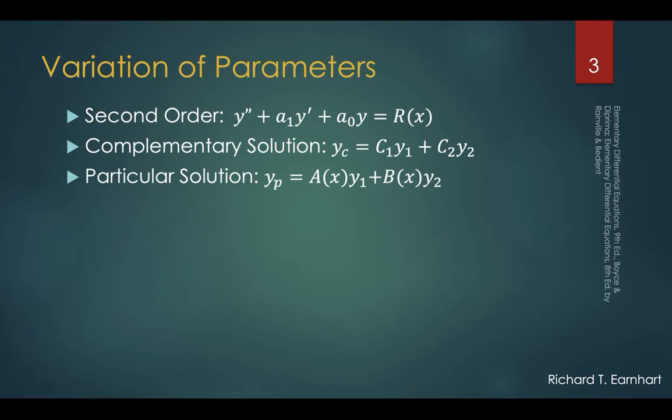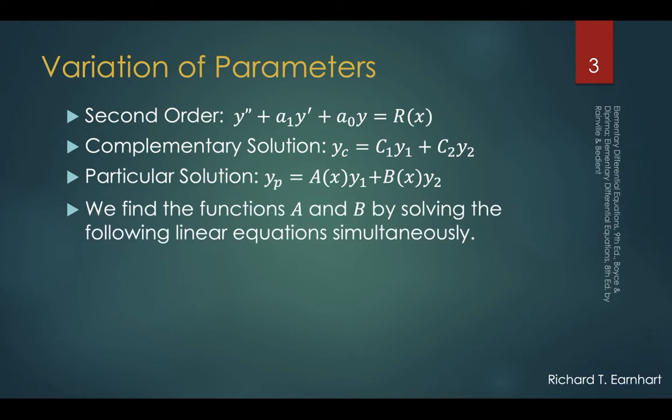So y sub p will be written as a of x times y1 from your y sub c, and then another function b of x multiplied by y2 from your y sub c.